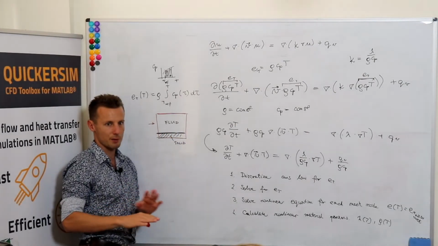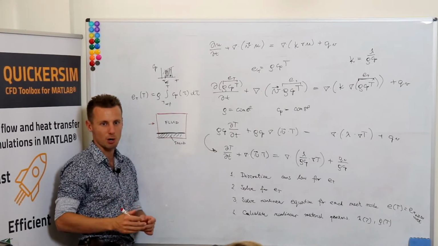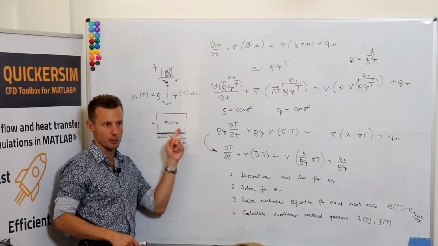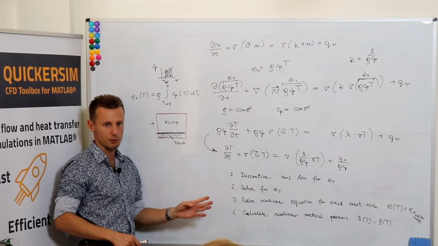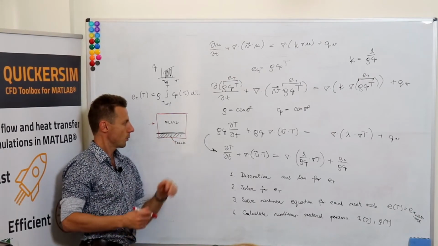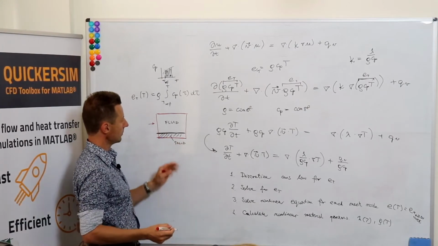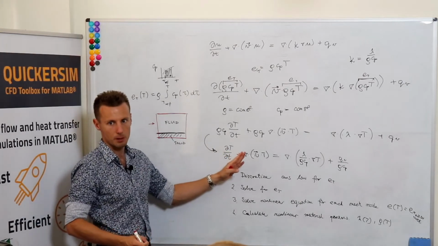So if anyone is telling you that they've got perfect correlation for heat transfer coefficient in the channel, if you're solving CFD with the fluid and the solid, the heat transfer coefficients are the result of the simulation, not something that you need to enter to the simulation. Why is that? Well, because you need to define what happens here. Everything else is represented by your equations.